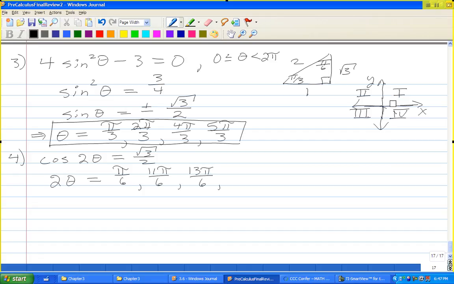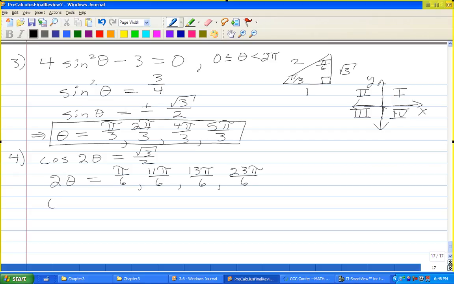It didn't make sense before. Next, you went in a full circle, and so now you want to go 2 full circles minus the pi over 6. So that's 4 pi minus pi over 6, which is 23 pi over 6.